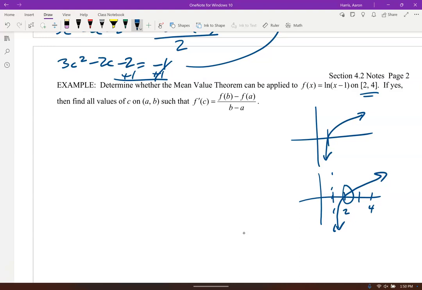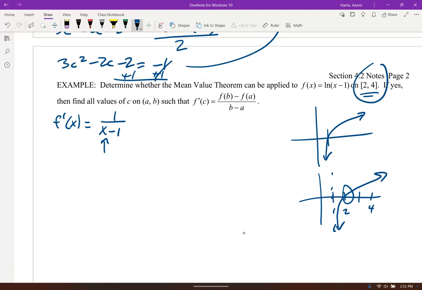It'll be differentiable as well, but let's take the derivative just to double check. The derivative of the natural log is 1 over that times the derivative of x minus 1, so 1 over x minus 1. It would not be differentiable at 1, but we don't care because it just has to be differentiable on the open interval from 2 to 4, which it is. So it does meet the conditions.